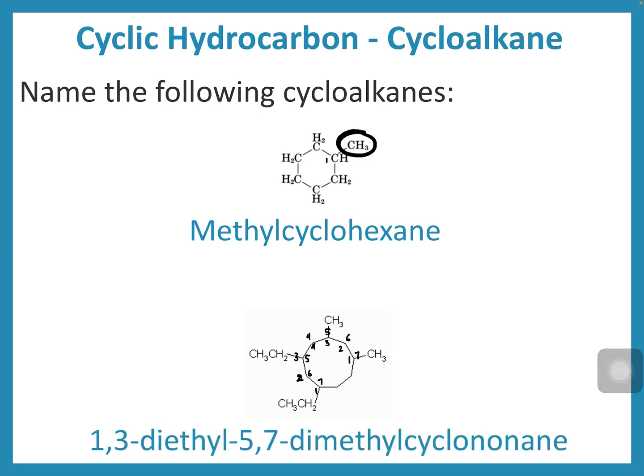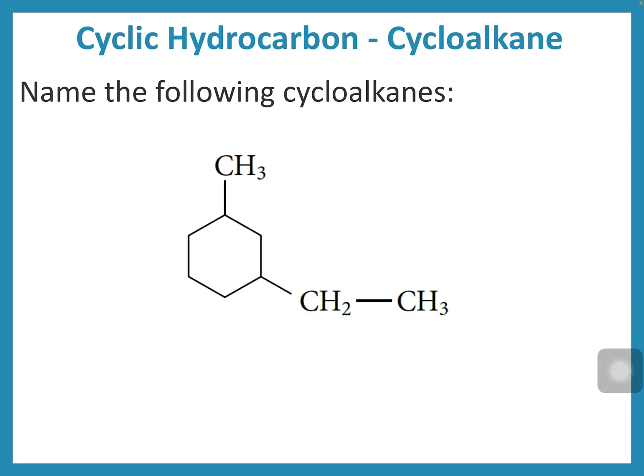So 1, 3 diethyl, 5, 7 dimethyl, cyclononane. So because our numbering is the same either way, we have 1, 3, 5, 7 in both directions. There's no clear winner in terms of lowest numbering, and then we go to alphabetically what comes first with our attachments. All right, here's another example.